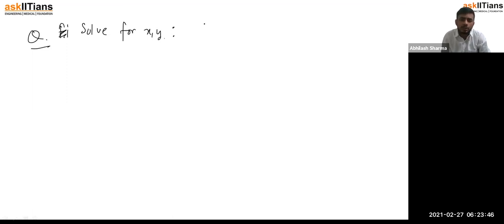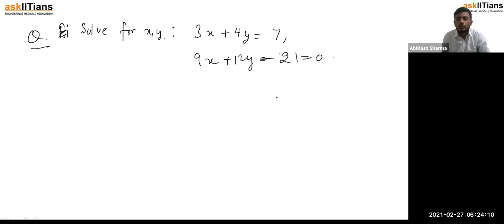The equations given to us are 3x plus 4y equal to 7, and another equation, let's say 9x plus 12y minus 21 is equal to 0. Okay, and we are supposed to solve these equations.